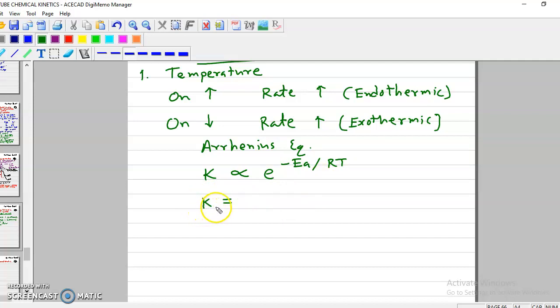K is the rate constant, so we can't use K here. So we use another constant, and Arrhenius kept A for it: K equals A into e raised to minus Ea upon RT, where A is known as the Arrhenius constant, Arrhenius factor, Arrhenius parameter, or proportionality constant.